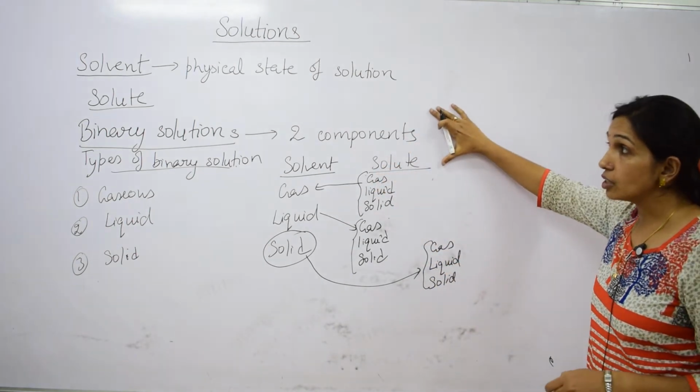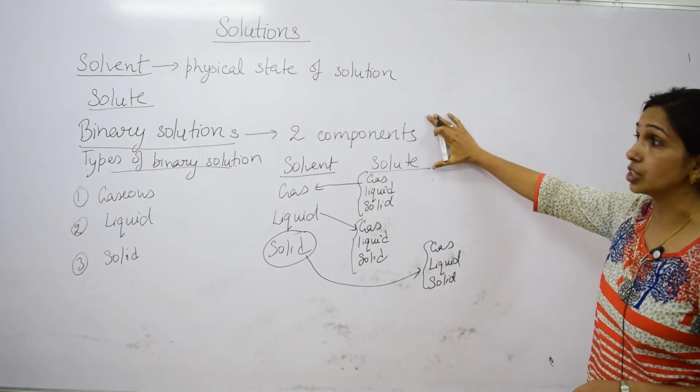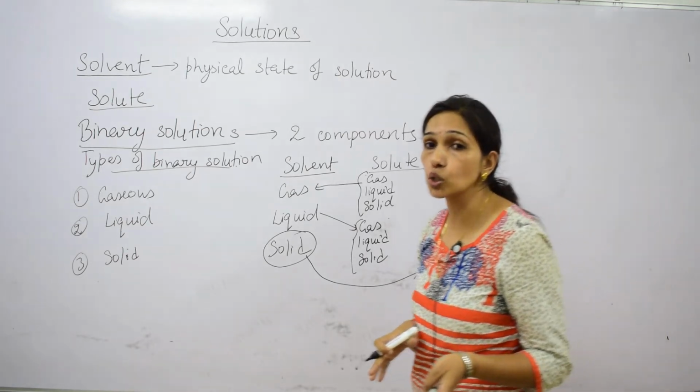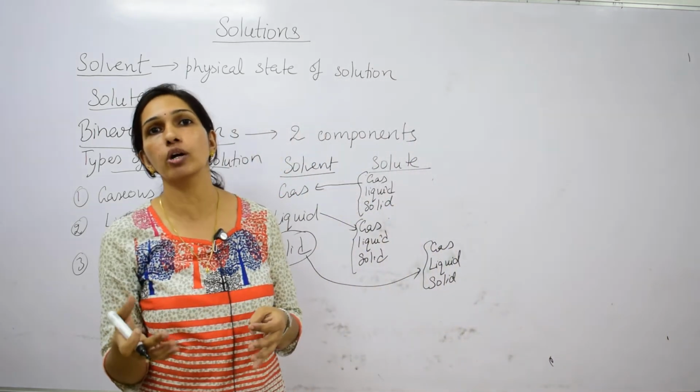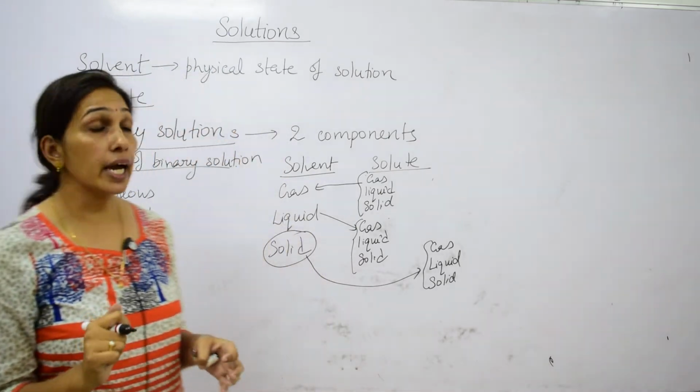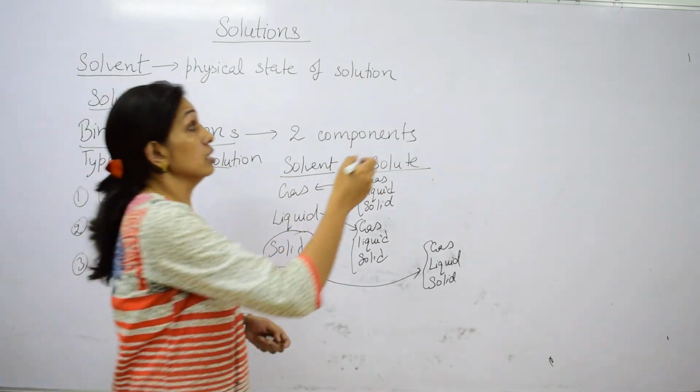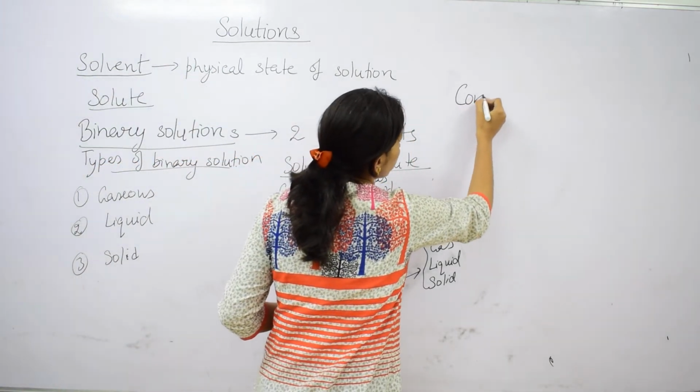In case of binary solutions, their concentration, that is the amount of solute dissolved in a definite volume or definite mass of solvent, we can study in terms of concentration.